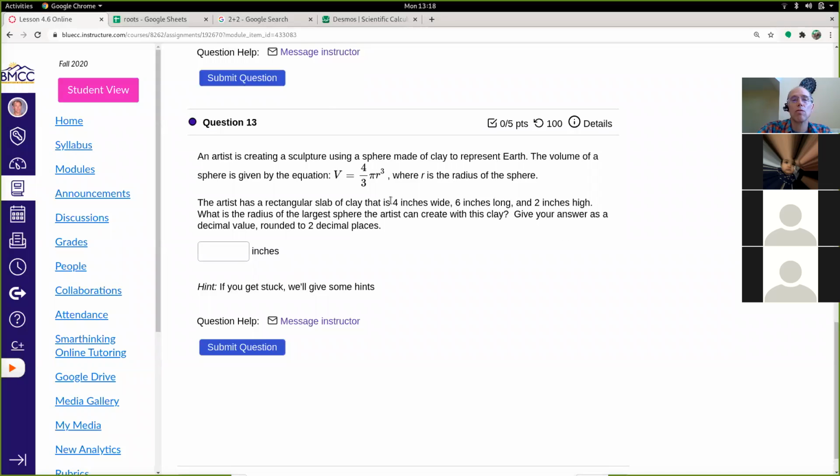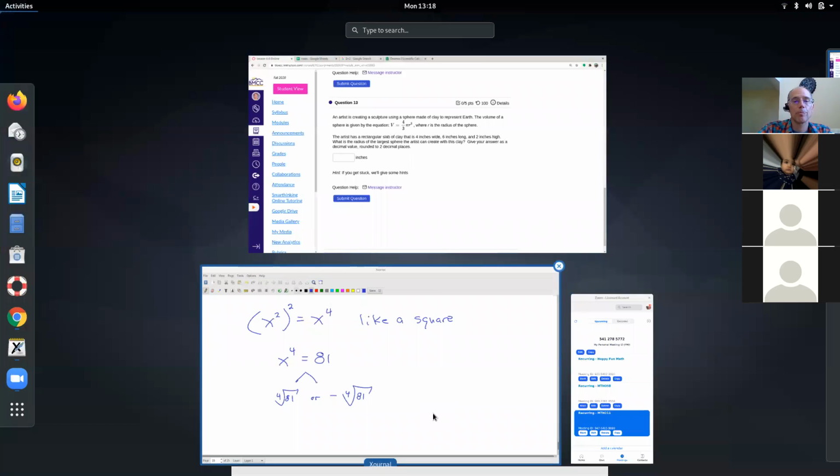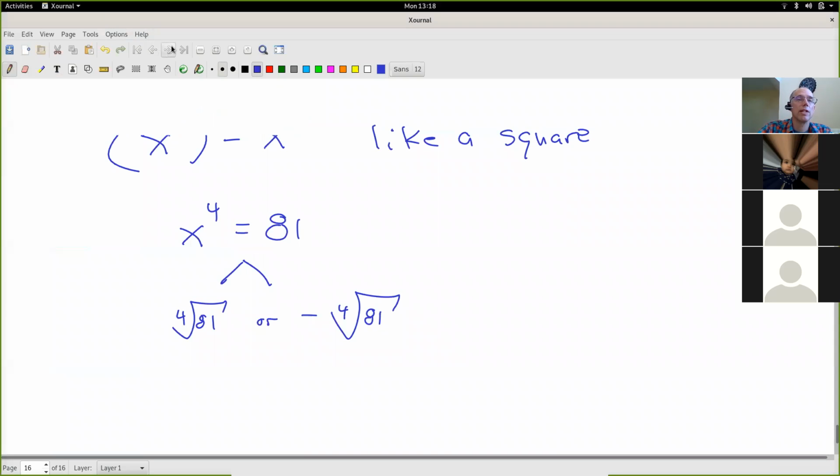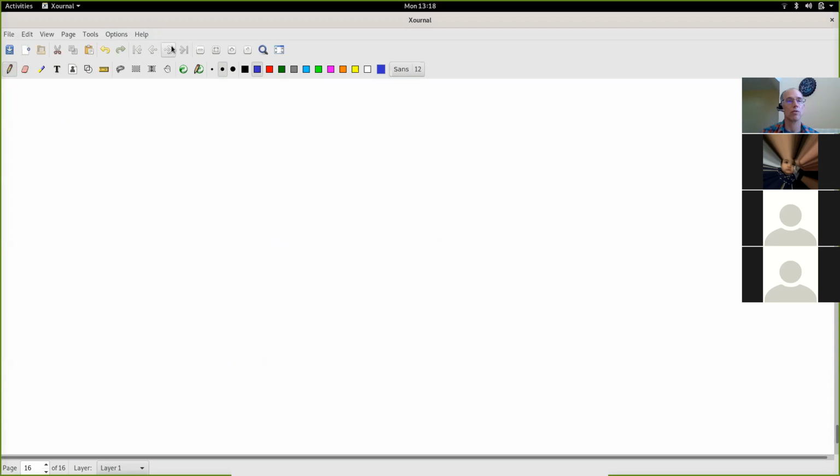All right, so we have 4 by 6 by 2. And it's a rectangle. So we have this box of clay. And we want to turn the box of clay into a sphere.